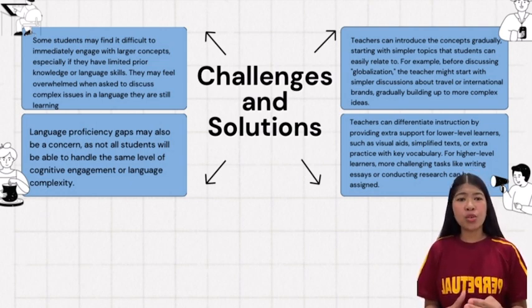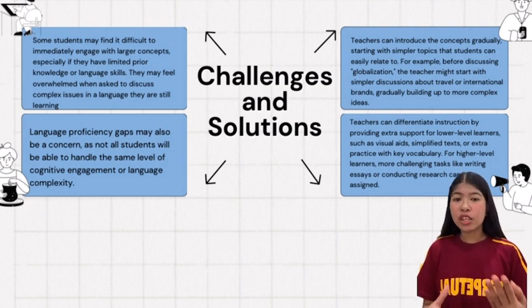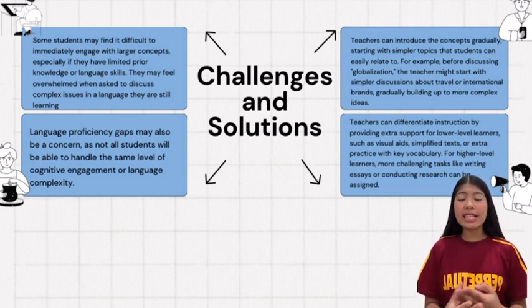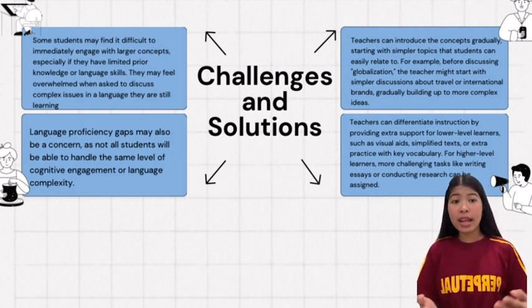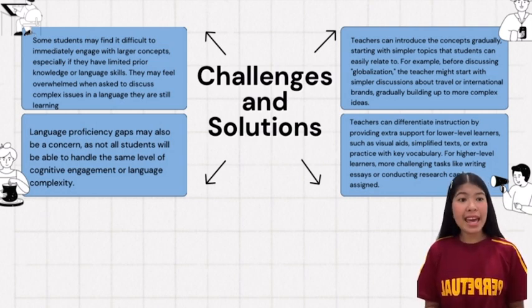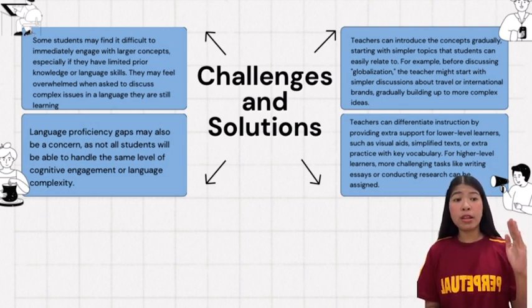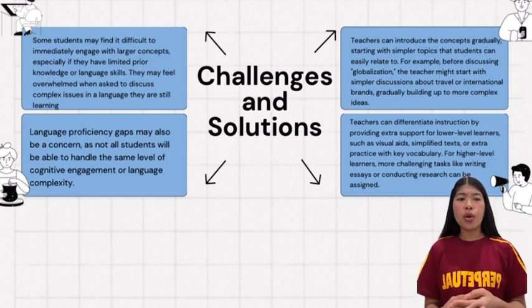So a possible solution for this would be teachers can differentiate instruction by providing extra support for lower level learners, such as visual aids, simplified text, or extra practice with key vocabulary. For higher level learners, more challenging tasks like writing essays or conducting research can be assigned.